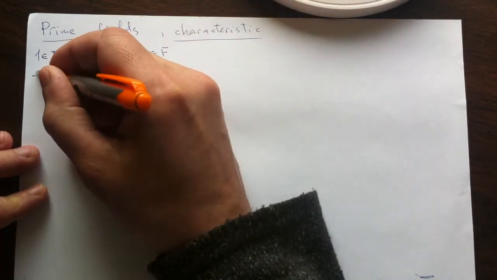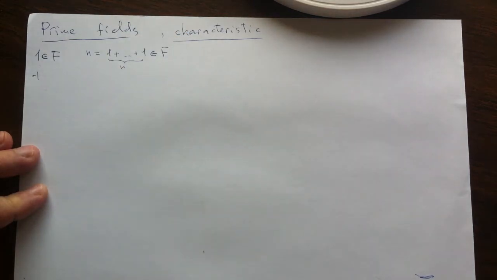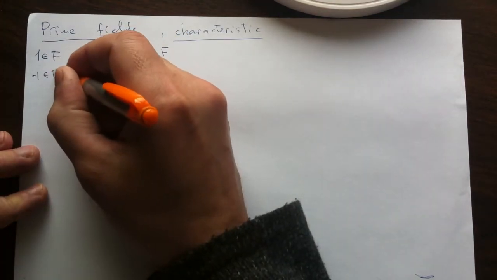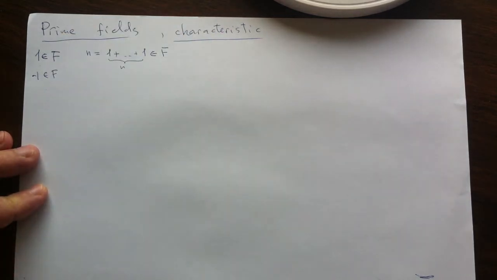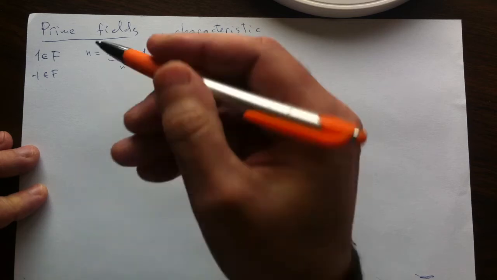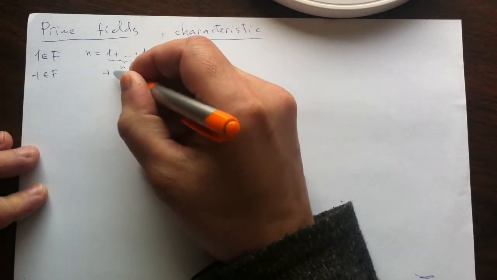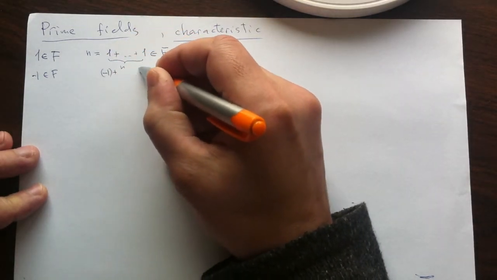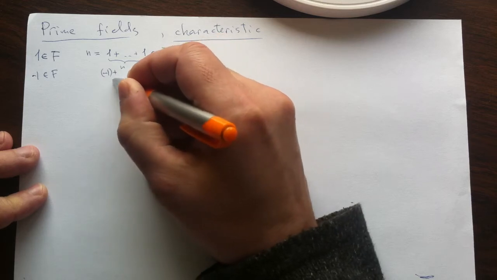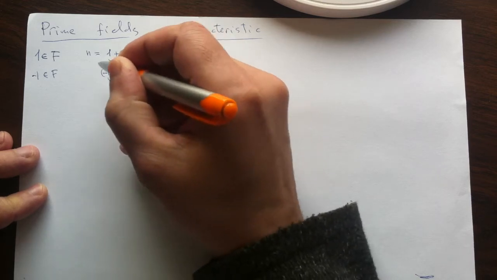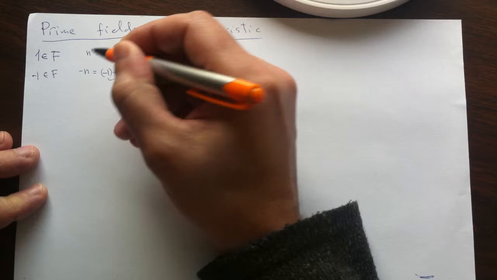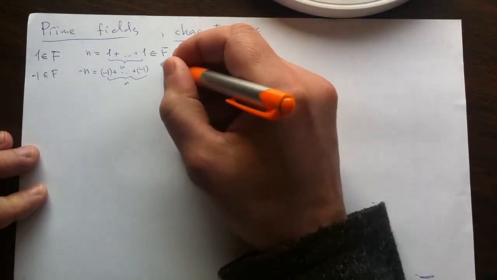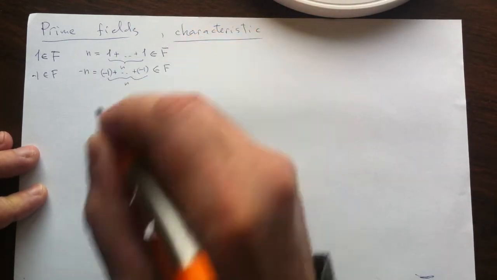Similarly, if we have 1, we should have negative 1 in our field, because our field is supposed to be first an abelian additive group. We can take the sum of this negative 1 n times, and we end up with something which we might consider as negative n, and it will be an element of our field.